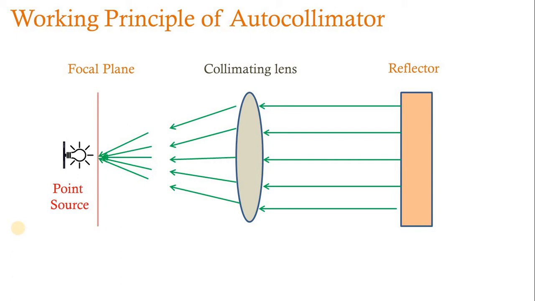So when the reflector is perfectly flat and normal to the light rays, whatever light is reflected from the reflector comes back to the point source itself.